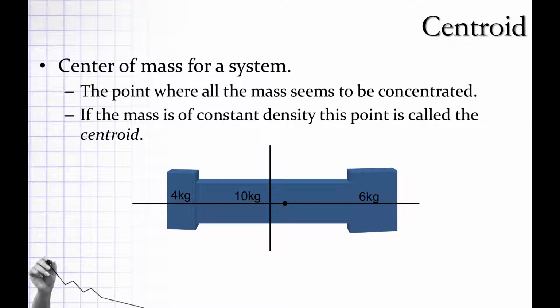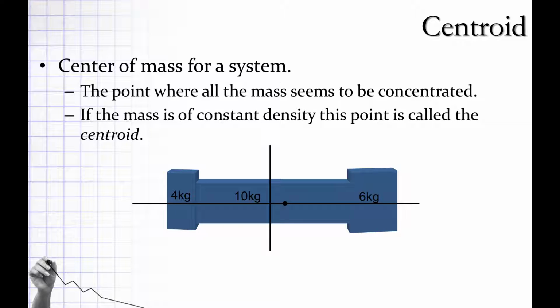What do you think we're going to have to consider when we go to find the centroid? What different things should we consider? Area? Is the object changing at any given rate? Well, the density is constant, but do you see how I have a 10 kilogram chunk, a 4 kilogram chunk, and a 6 kilogram chunk?